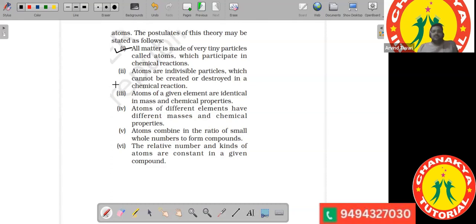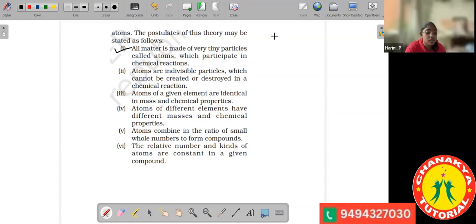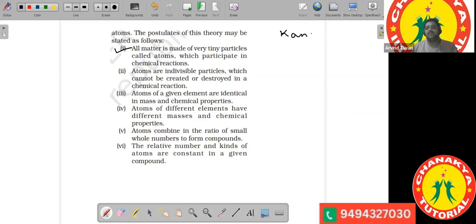Now, the search for these atoms: in Indian philosophy, you find the name of Maharshi Kanad. Maharshi Kanad states about Anu and Parmanu. So this was a philosophy.